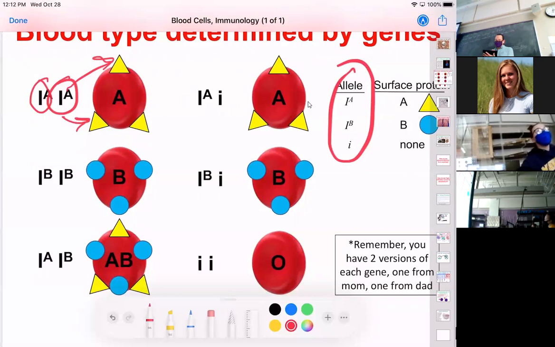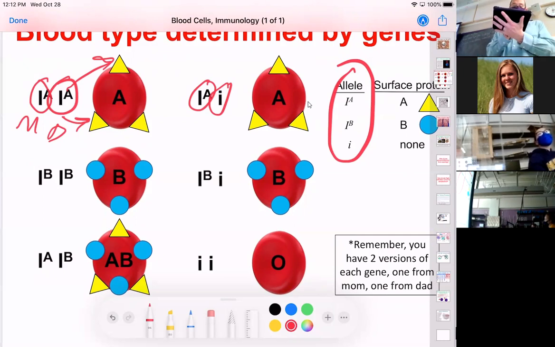So if you get 2 sets of A, one from mom and one from dad, you get the A blood type, or you still have the same exact A blood type if you only have 1. That's totally okay if you only have 1 copy, and instead you have that O copy right here. I know it's noted as I, but can you imagine doing a Punnett square with O's? It'd be really terrible.